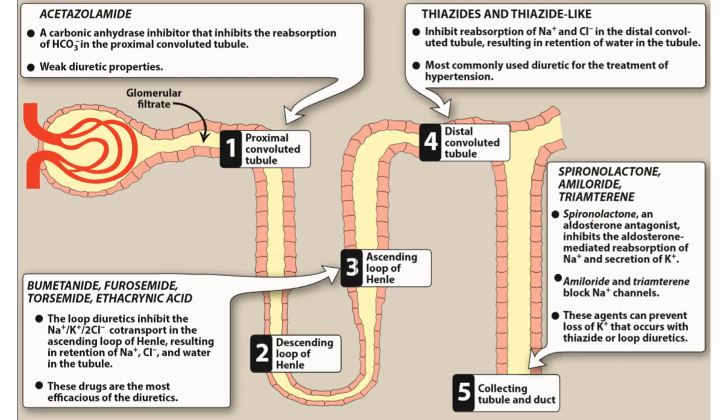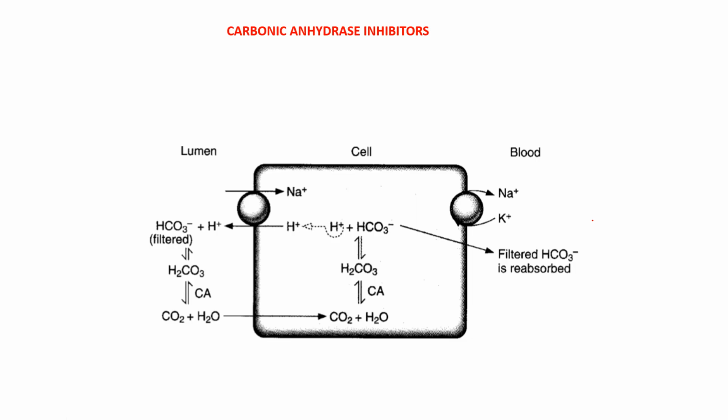So coming on to the first one, that is carbonic anhydrase inhibitors, which inhibit the resorption of bicarbonates in the PCT. In the PCT, we have the sodium hydrogen antiport at the luminal membrane of the tubular cells, which causes resorption of sodium. Remember that 2/3 of filtered NaCl is reabsorbed at the level of PCT.